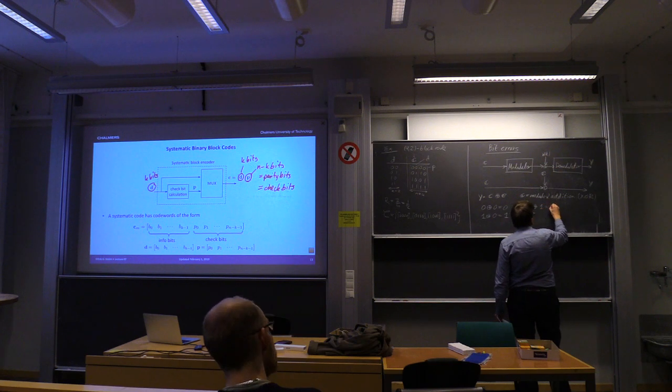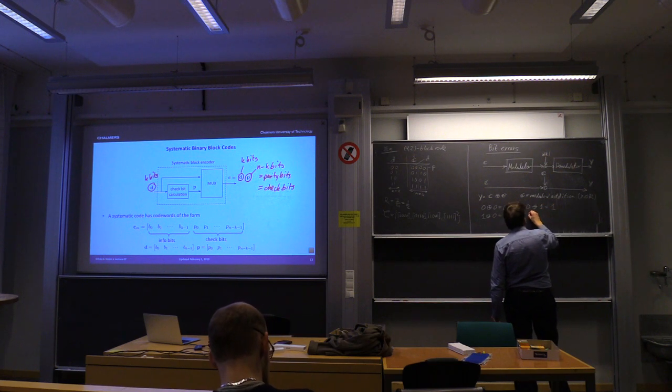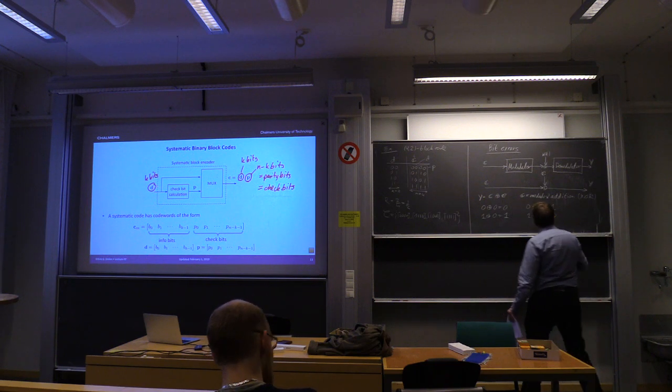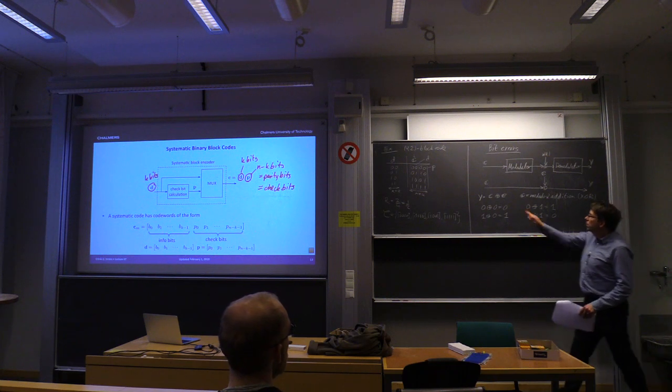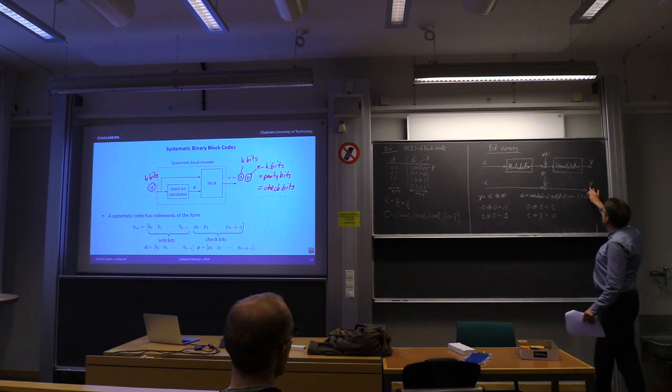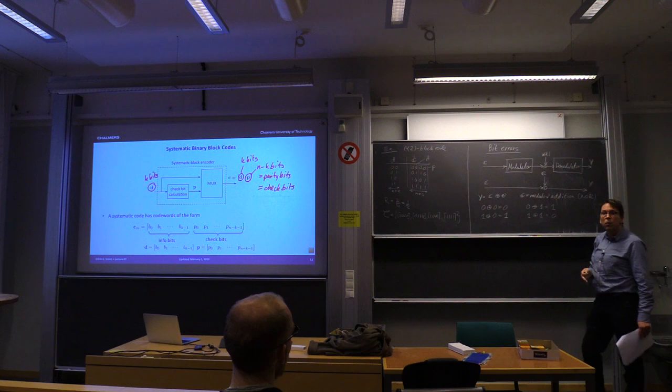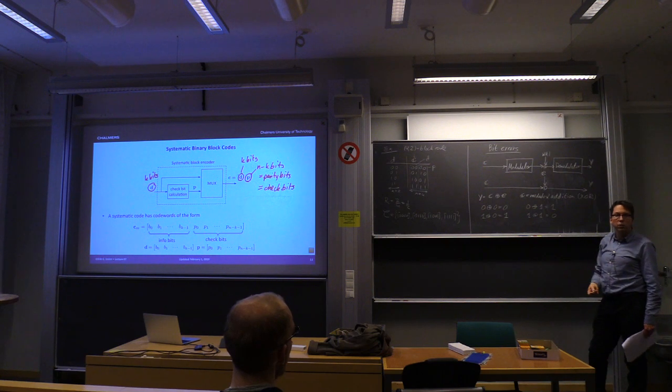Then it's 1, but 1 plus 1 is equal to 0. So that's the new thing here. And the reason for this is that these are bits, and these are bits, and these are bits, and the only way to make that work is to use modulo 2 arithmetic.